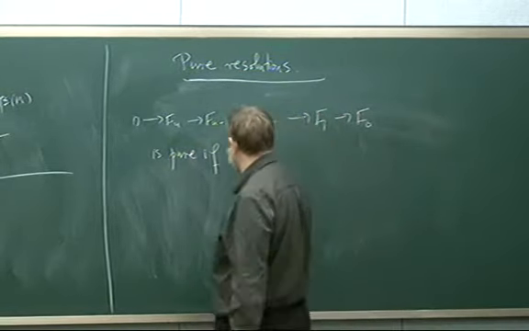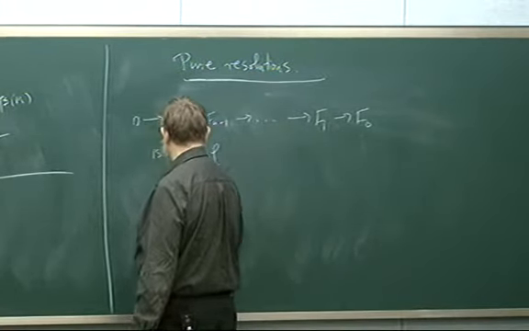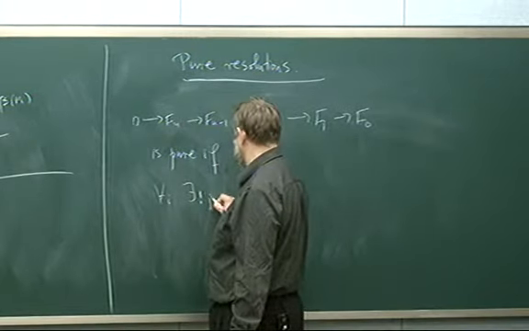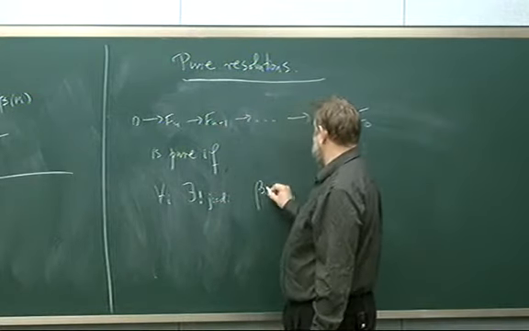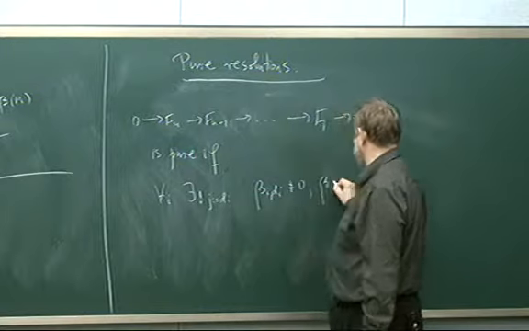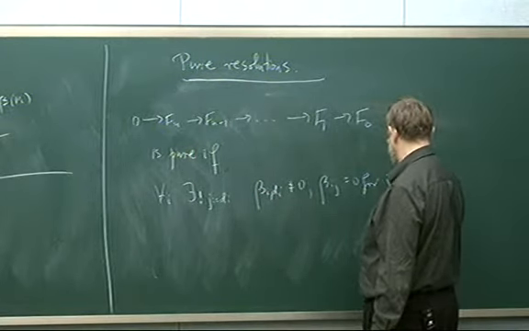Okay? So let's just express it. It means that for every i, there exists exactly one j, which I will call d_i, such that beta i,d_i is non-zero, but beta i,j is 0 for j different than d_i.